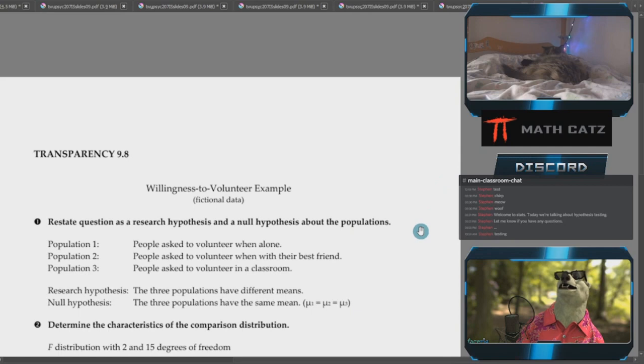Willingness to volunteer. We are asking people to rate their willingness to volunteer for something depending on their situation when you ask them. So when you ask them if they're alone, when you ask them when they're with a best friend, or when you ask them in a larger group like a classroom.